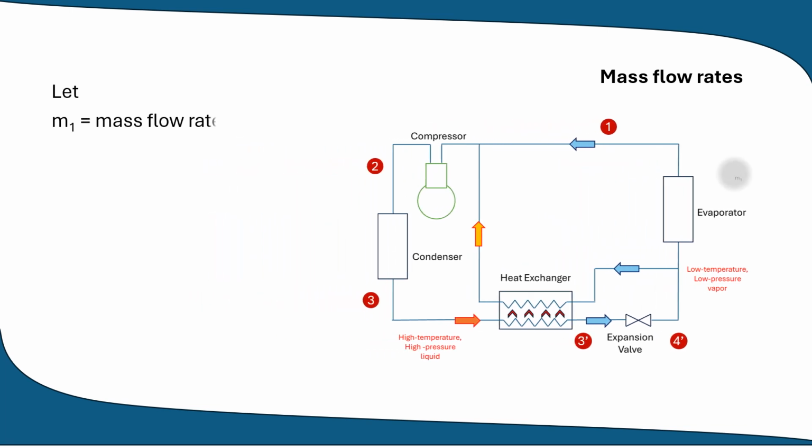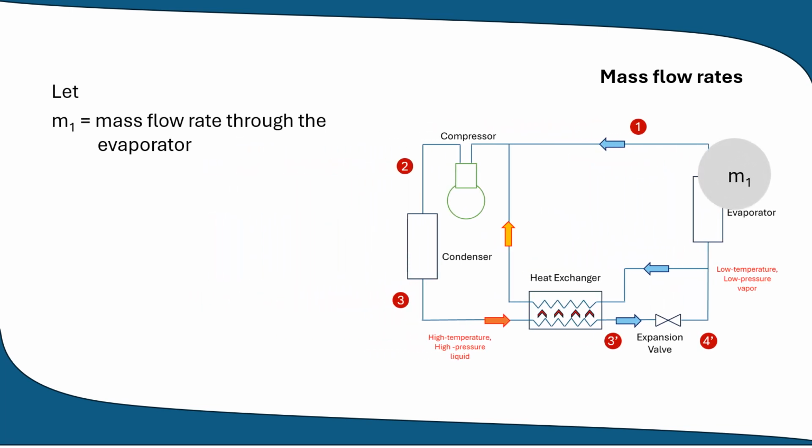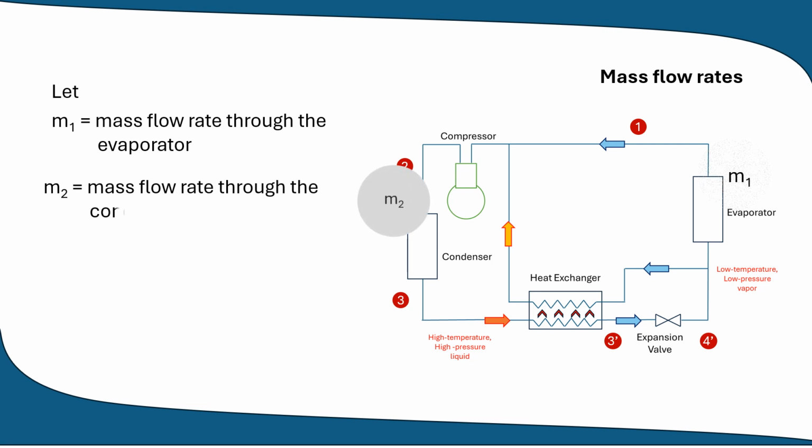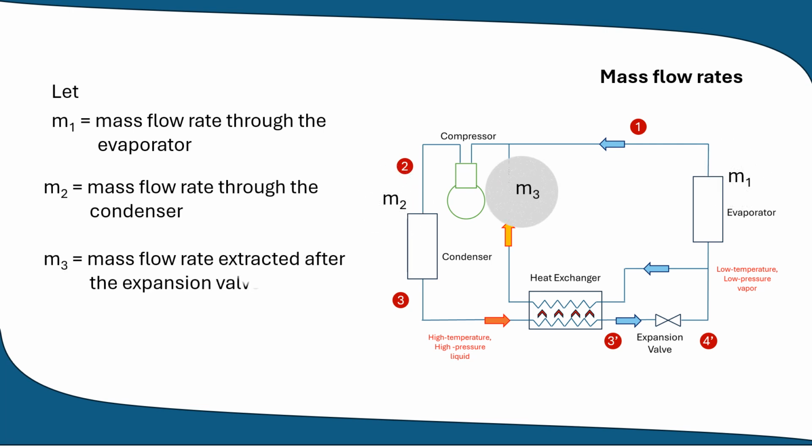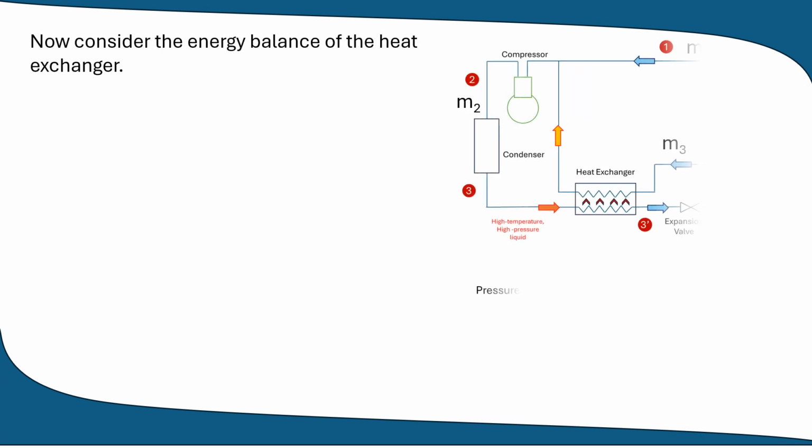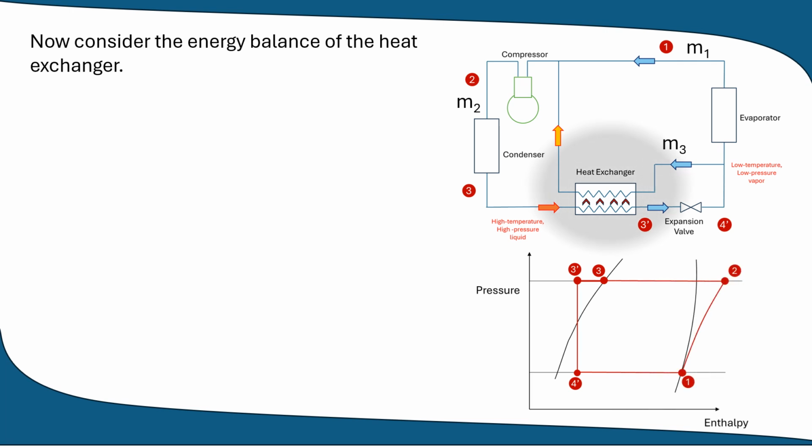Let m1 be the mass flow rate through the evaporator, m2 the mass flow rate through the condenser, and m3 the mass flow rate extracted after the expansion valve. Considering mass balance, m2 equals m1 plus m3. Now consider the energy balance of the heat exchanger. m2 times (hf3 minus hf3') equals m3 times (h1 minus h4).